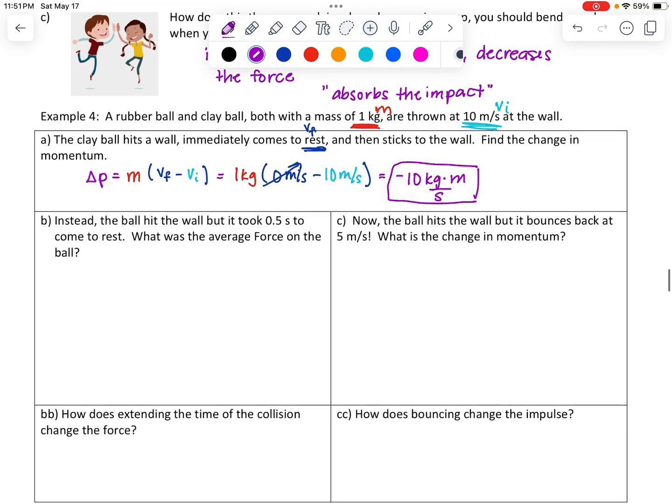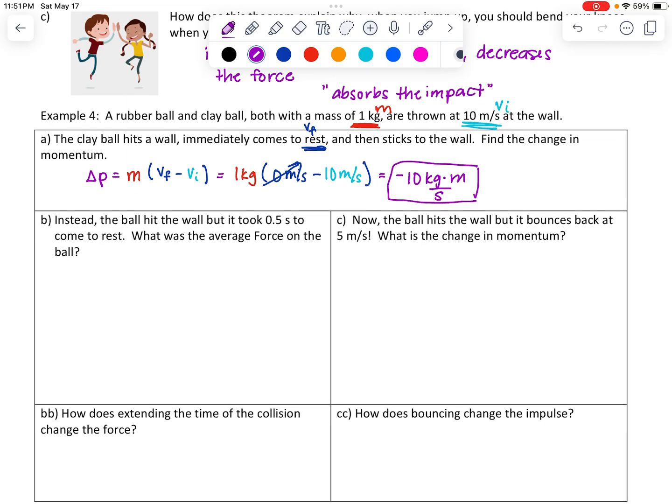Then it says, instead, the ball hits the wall, but it takes 0.5, so half a second to come to rest. What was the average force on the ball? So again, I'm using my other equation now, not the m change in velocity. I'm now going to use the force times the change in time. Oh, I can use colors for those guys too. Let me do that, right? My force can be in pink. And my time, this is t, can be in orange, okay?